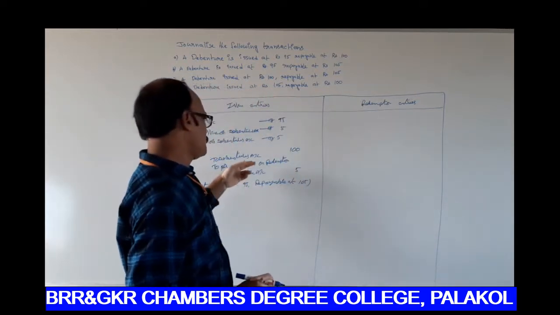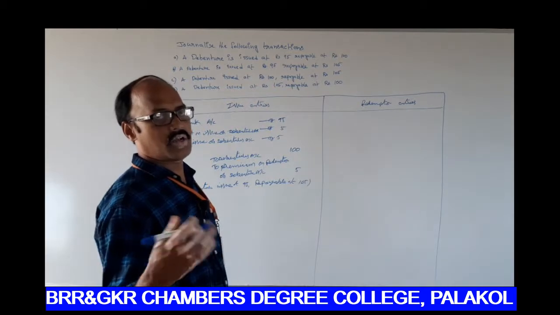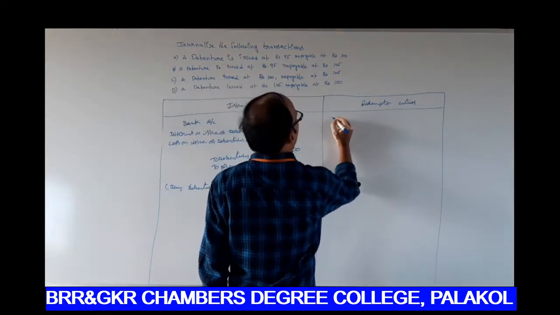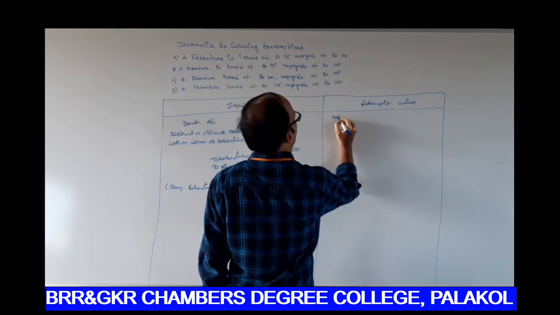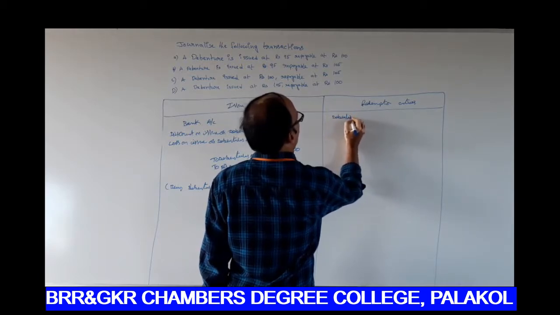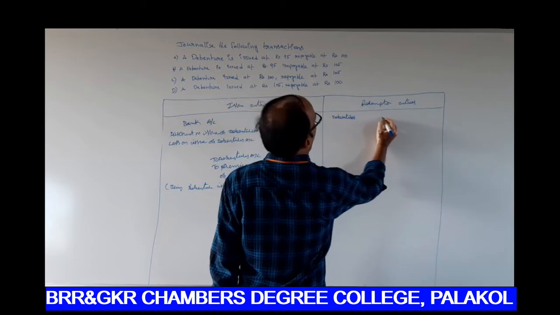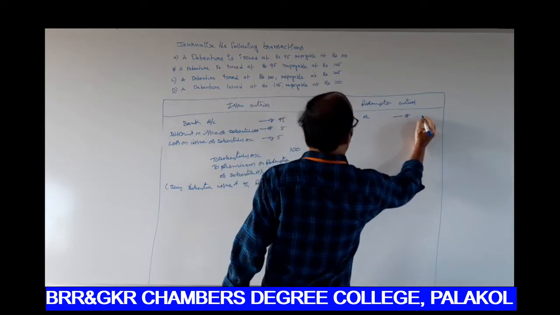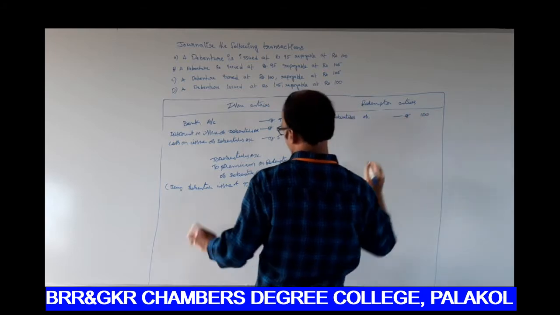Okay, first debentures are transferred to the debenture holder, then the amount is paid to the debenture holder. First, debentures account debit 100.